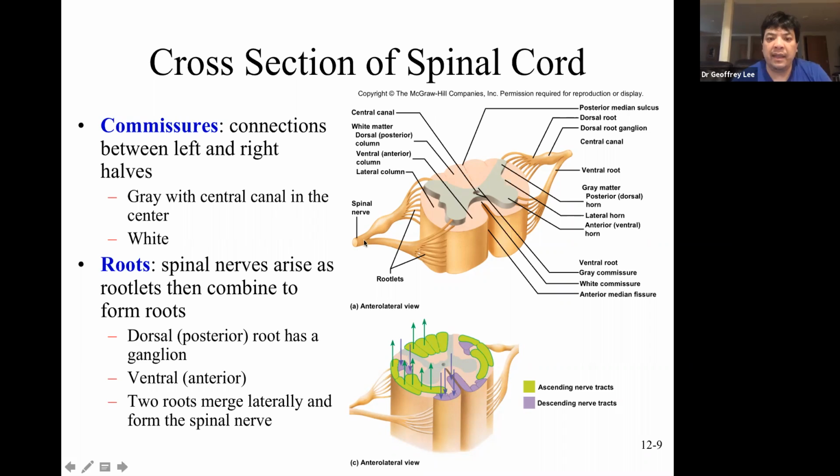As they get mixed together, you would assume that this is the back, so that should only have sensory signals. Not true anymore, right? If I cut it right here and look at that region behind, the dorsal region, what happens? You can have sensory and motor signals. If we look at the front, after we cut it, we're going to see that there's a mixture of sensory and motor signals as well.